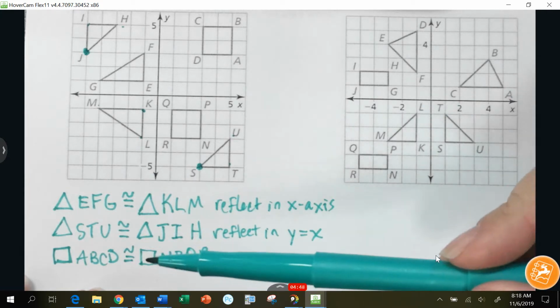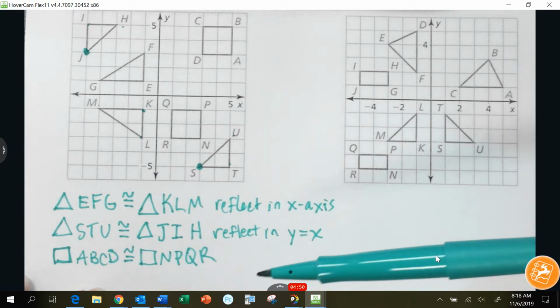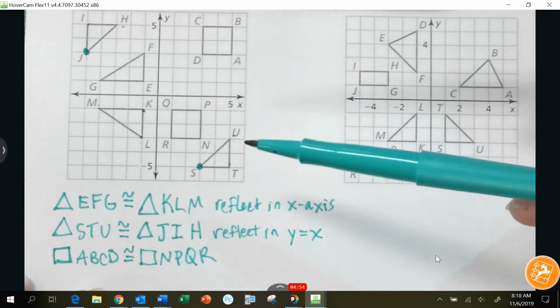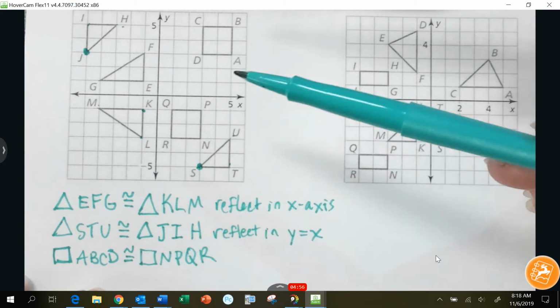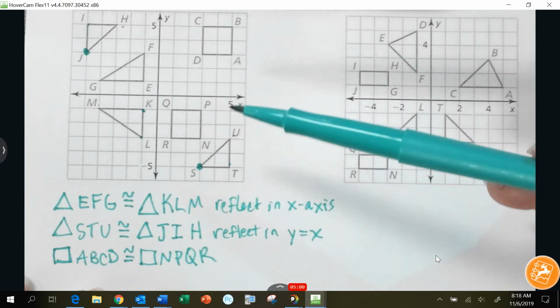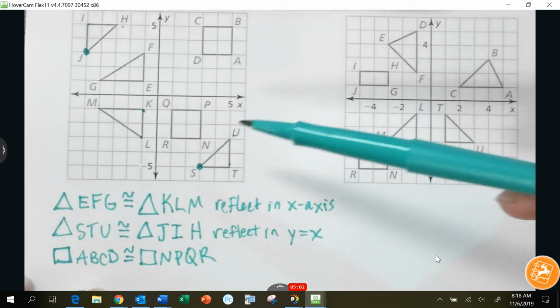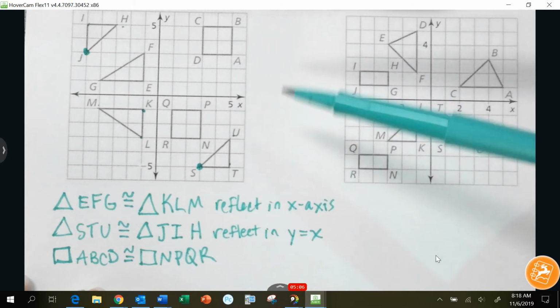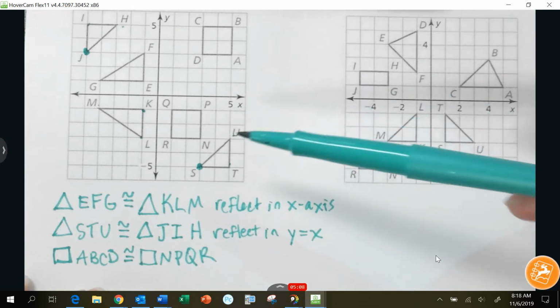Triangle, no, not triangle, sorry. The square ABCD, or rectangle ABCD, or quadrilateral ABCD, and NPQR. How do we get from this one to this one? Stephen, I know you know.